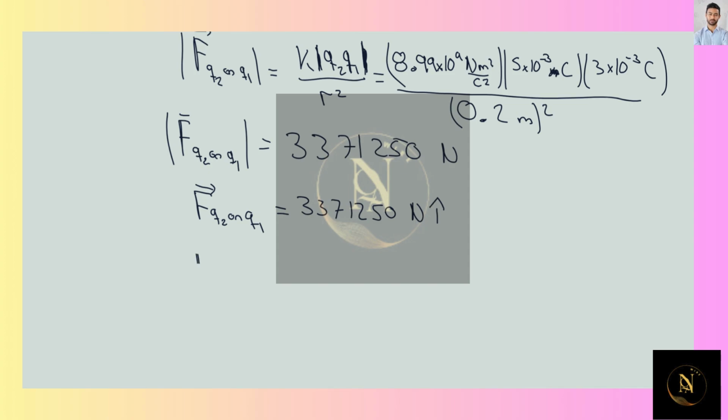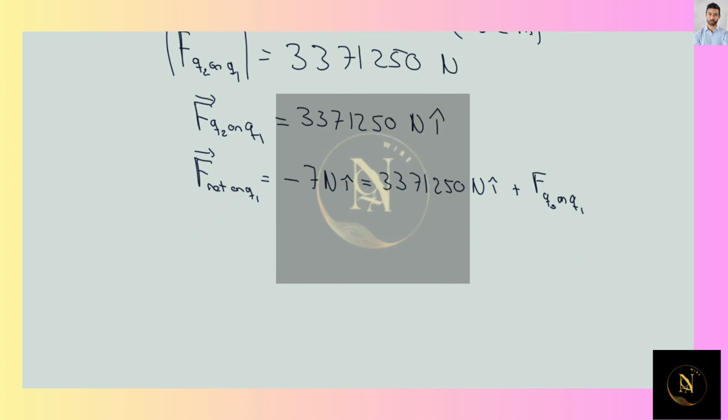So now the net force on Q1 is -7 Newton in the I direction, and this is going to be equal to this very big number in I plus the force of charge 3 on charge 1. This is going to give us the direction that we are going to have for charge 3.